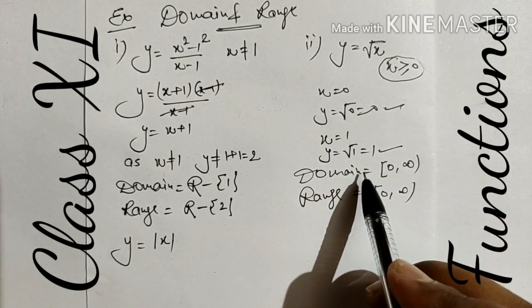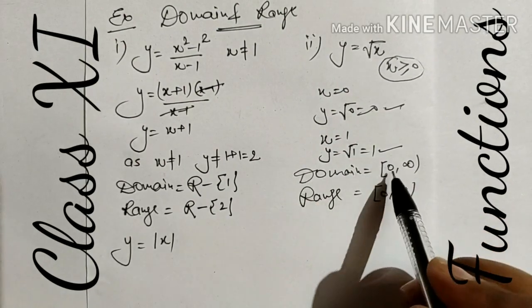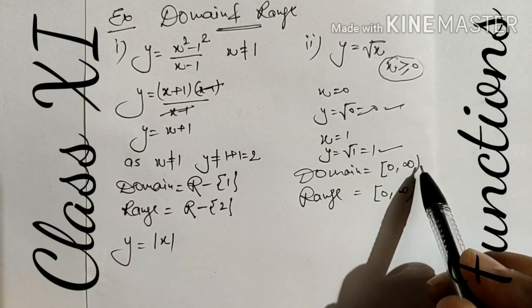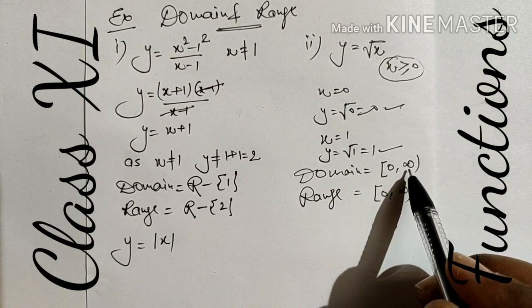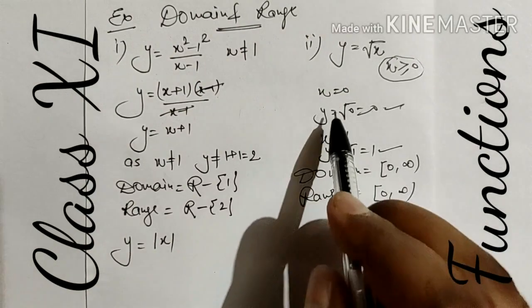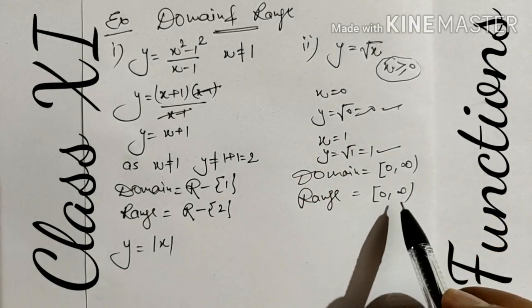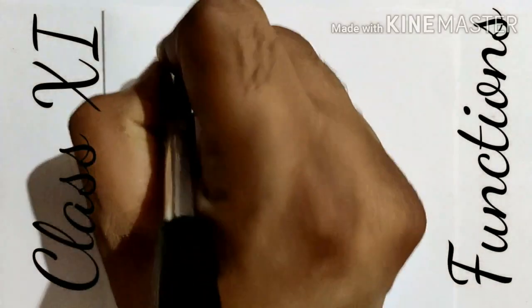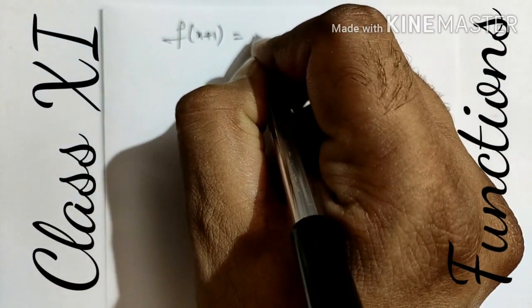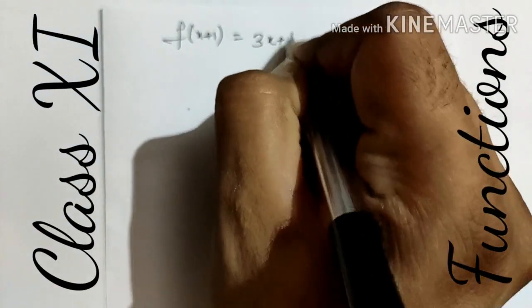If we continue, the domain becomes 0 to infinity, the positive side. In the same way, if we observe the value of y here, it starts from 0 and goes on increasing in the same way as x. So the range is also the same. Another example we are taking here: f of x plus 1 is given by 3x plus 5.